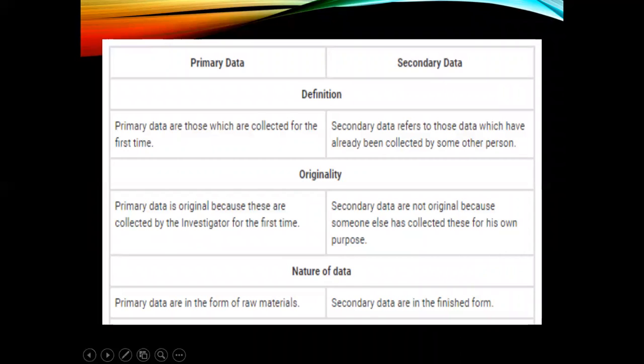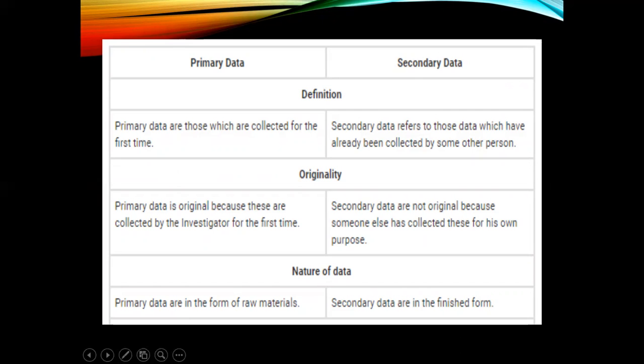So, primary data were those which were collected for the first time, whereas secondary data refers to those data which have already been collected by some other person.